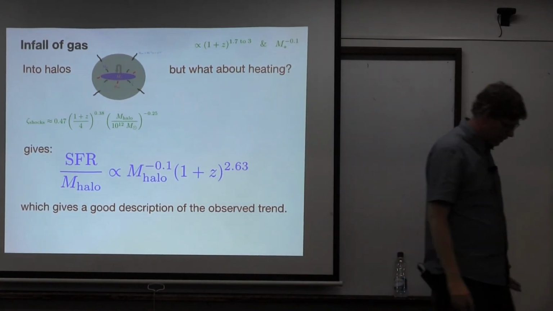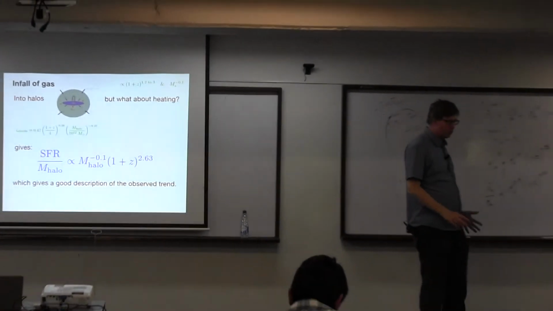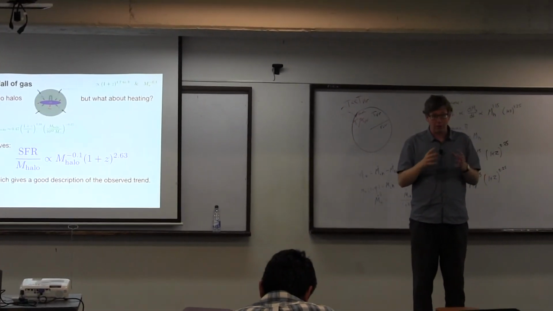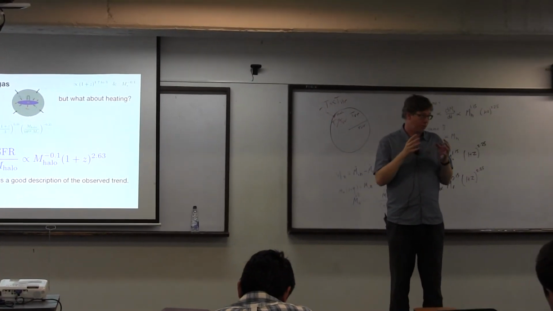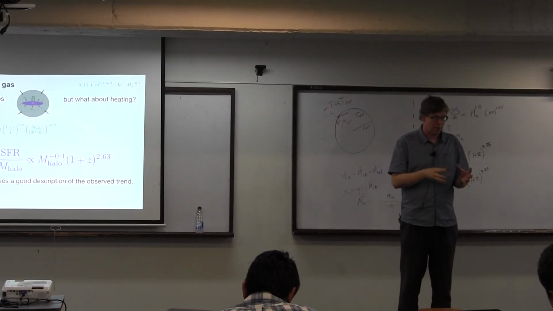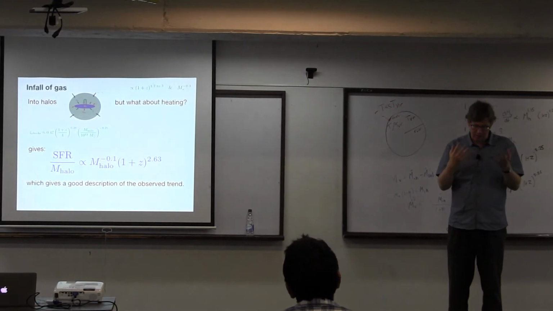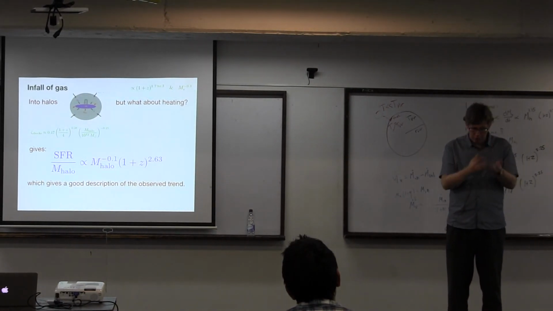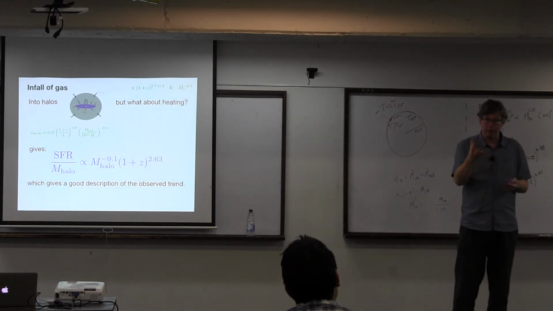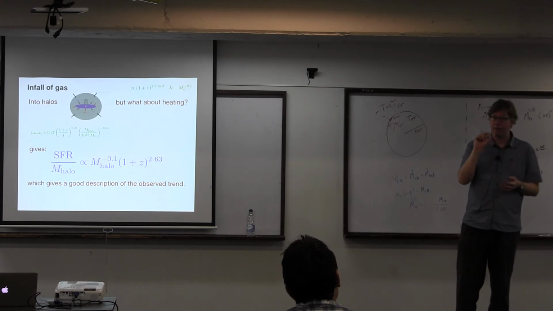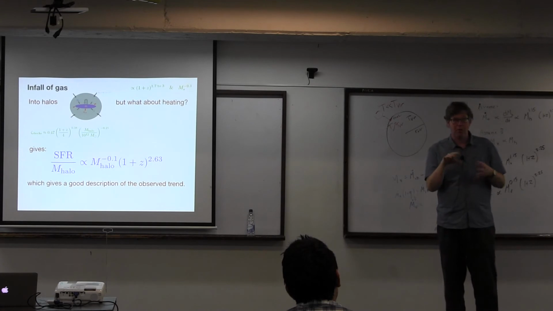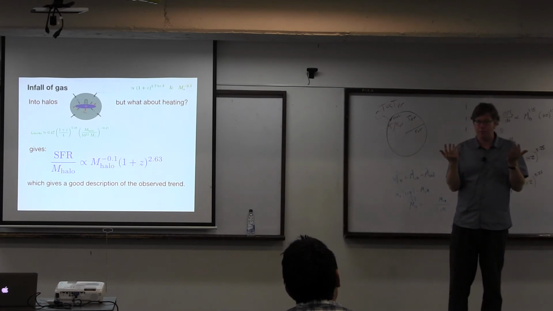So the zeroth order, what this is telling us is that you get a good description of the observational result if you take just the steady cosmological accretion onto halos as the way to feed galaxies, but you take into account that galaxy halos will heat up the gas as it falls in.